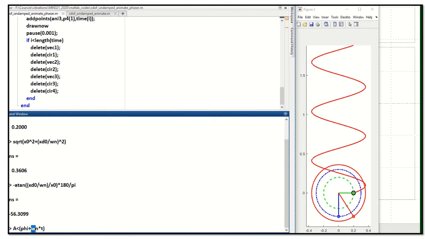Omega n is not varying with respect to time. Omega is constant for all time instances. So for constant omega n, the addition of the angle will be equal to omega n times t.